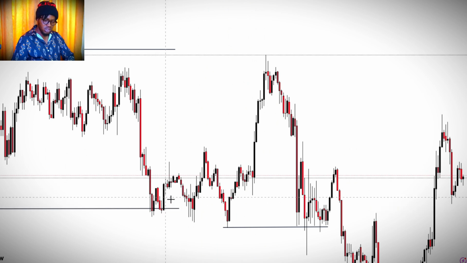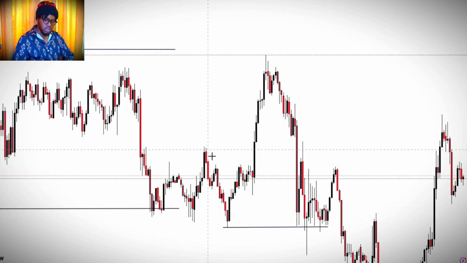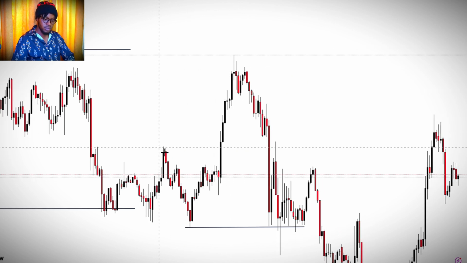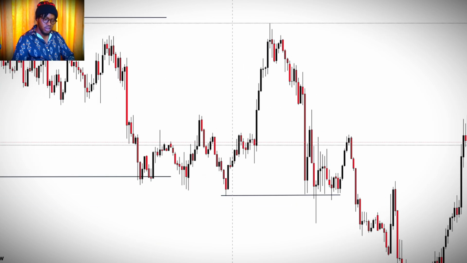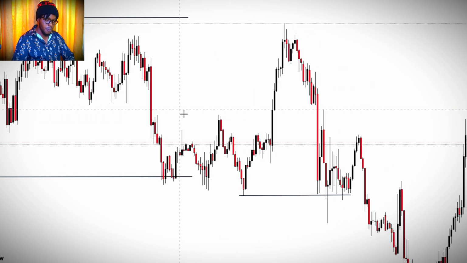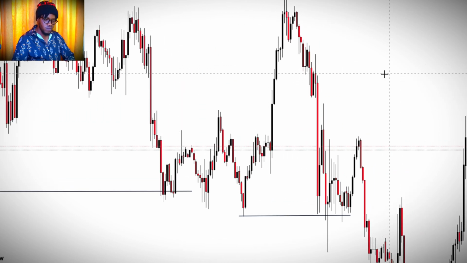Yes, definitely call this a shift of structure. I had this shift of structure right here. I think this is the shift of structure. Give me a minute. Right here, if we zoom in, you can see that this is a break of structure.